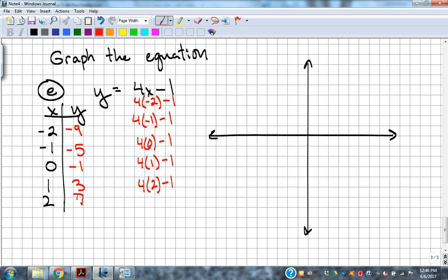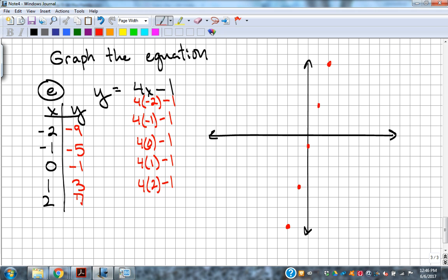So I've got some ordered pairs here that I can plot on the coordinate plane. I've got ordered pairs, -2, -9 is right there. -1, -5. 0, -1. 1, 3. And then 2, 7.